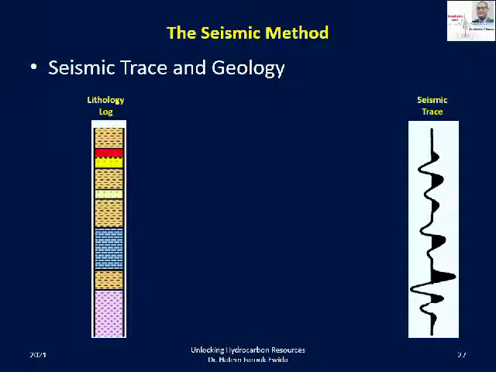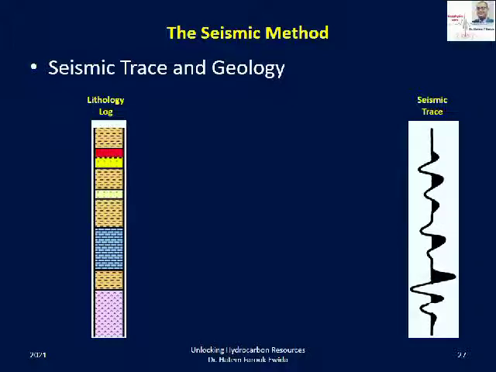We mentioned that the seismic method uses sound waves. We send a sound wave, and this sound wave propagates in the subsurface according to two main physical rock properties. Number one is the density. Each rock type has a different density than the other. And the second is the velocity of sound wave propagation.